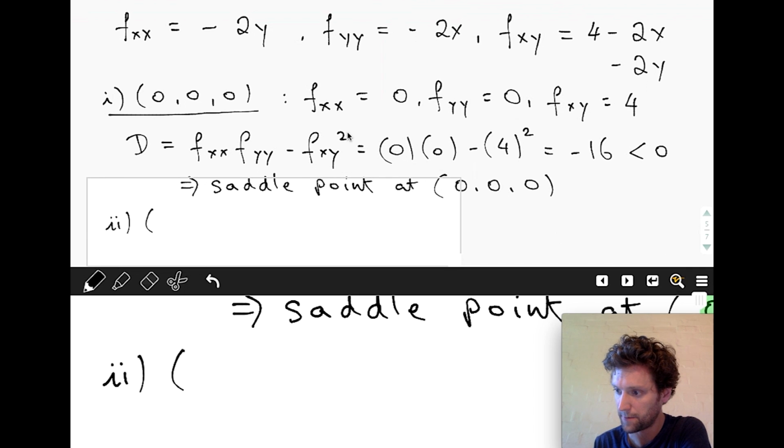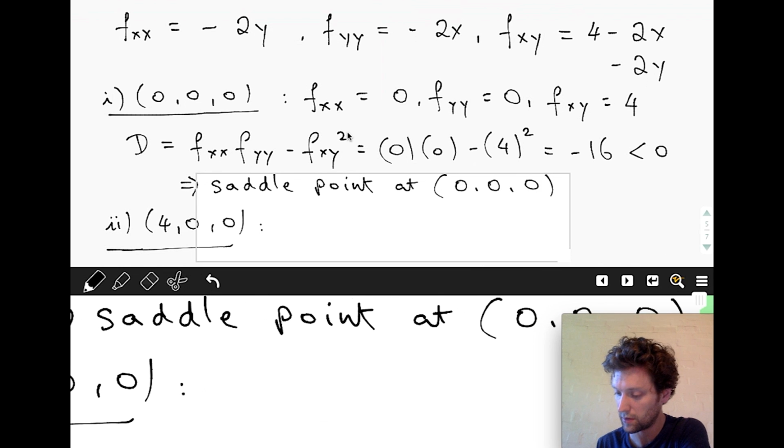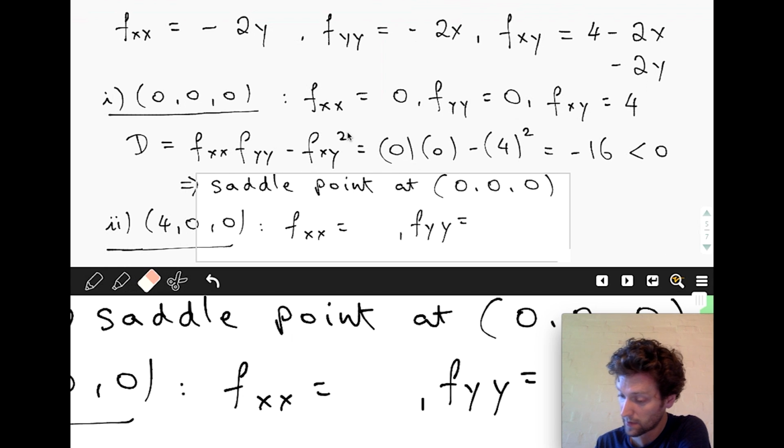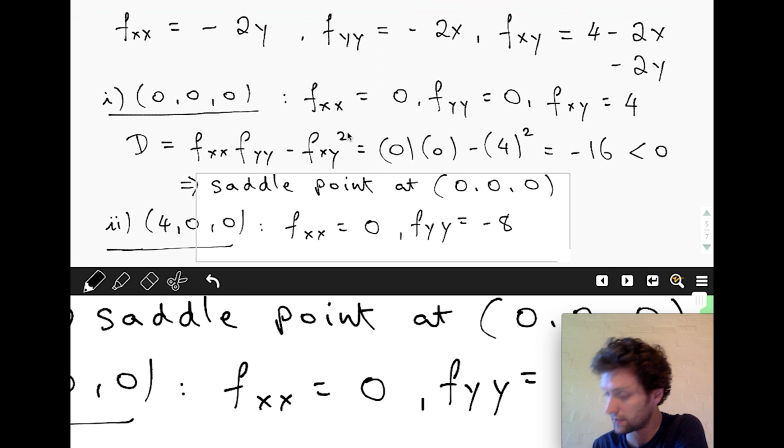This is the case when x is equal to 4, y is equal to 0, and f is equal to 0. So the second derivatives: fxx is 0, fyy is minus 2 times 4, which is minus 8.